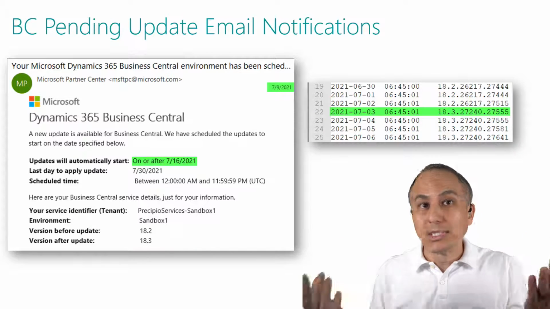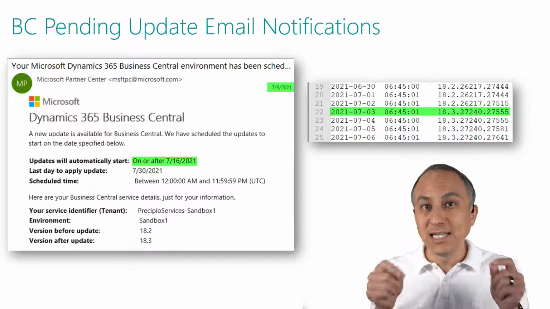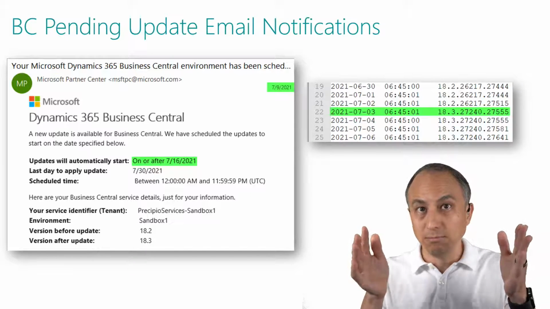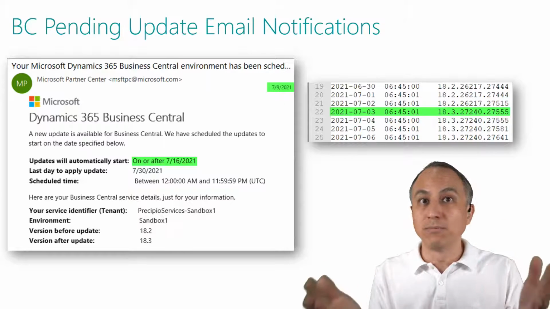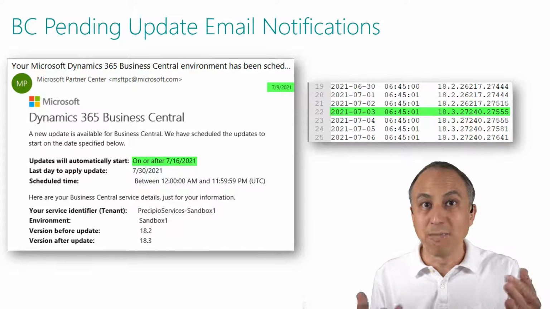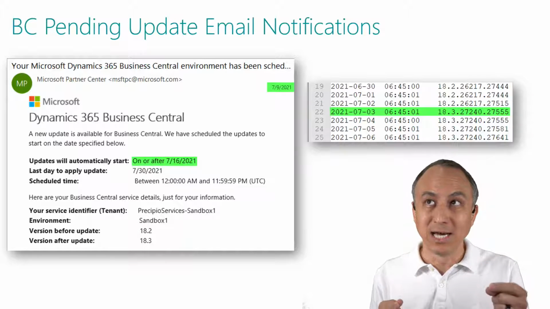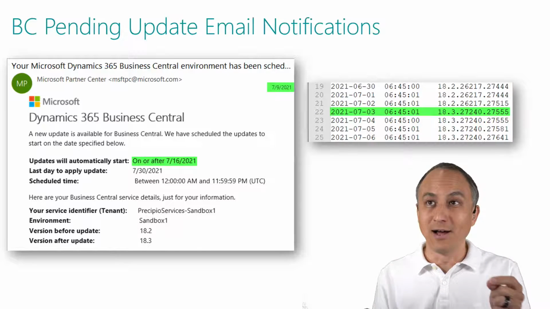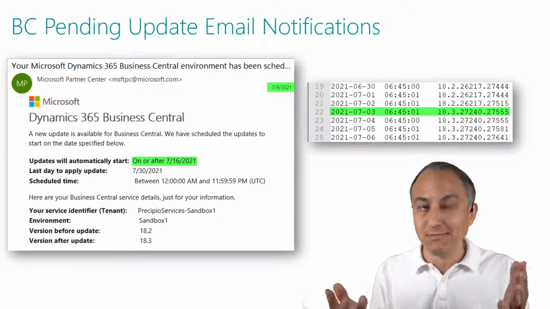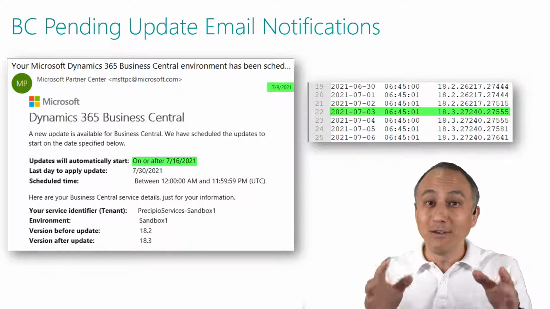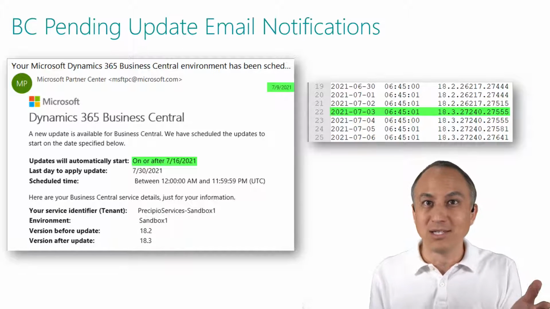So in this particular example, there is only a 13-day minimum window that I would have to update a PTE or AppSource app extension if I were not participating in BC Insider. That's not a lot of time. If you only have one or two PTEs, this is internal, maybe you could get by with this.